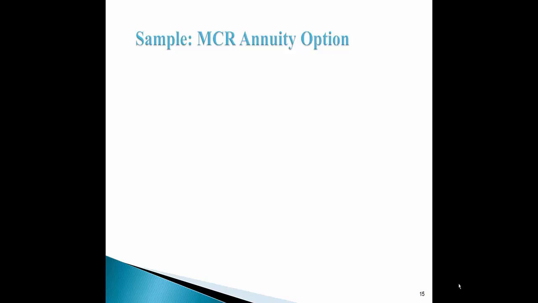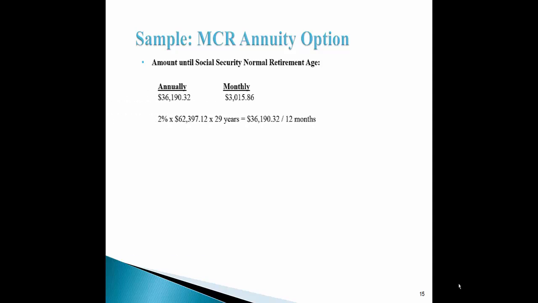Sample MCR Annuity Plan. This example shows an employee's benefit under the MCR option. This retiree would receive $3,015.86 effective December 1st. The amount is determined by multiplying 2% times the AFE times the years of credited service and then divided by 12.